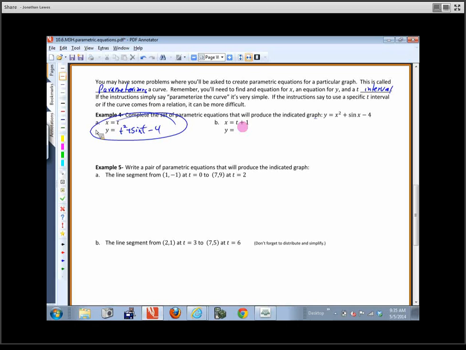Now, if they say something like, for some reason, x needs to be t plus 1, this is very easy because all you're doing is replacing every x with a t plus 1. Where every x is, what do we put in its place? I need to put a t plus 1 quantity squared, sine of t plus 1, minus 4.